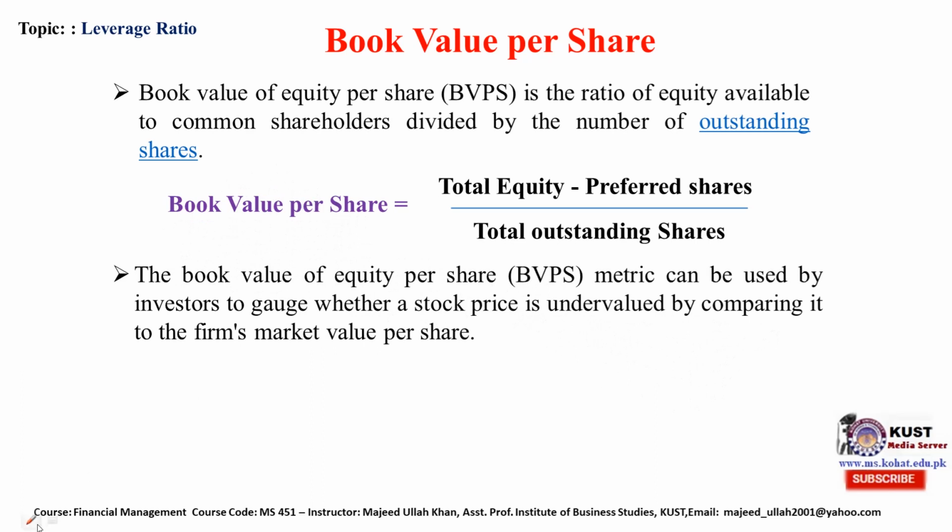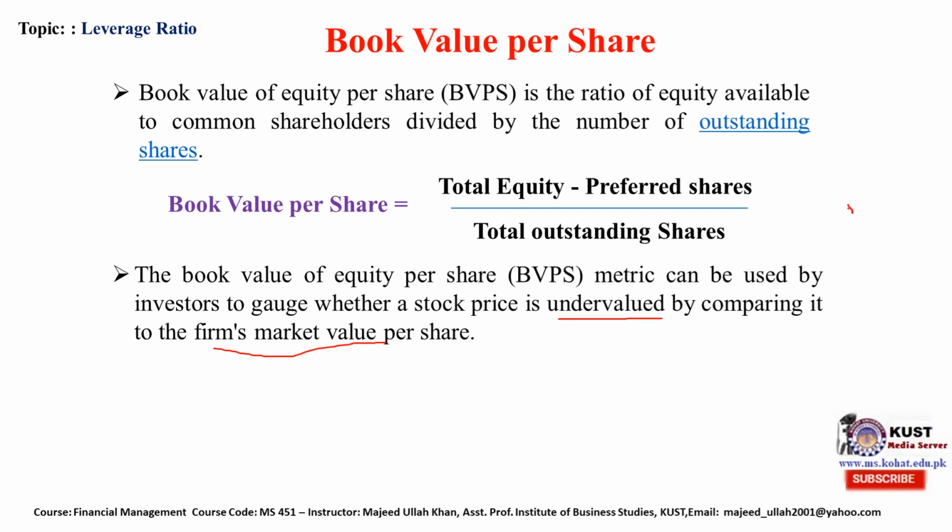Book value of equity per share is a measurement that can be used by investors to gauge whether the stock price is undervalued by comparing it with the firm's market value.